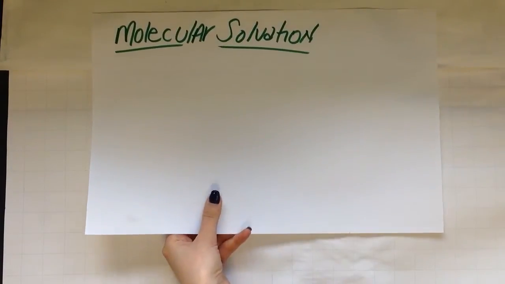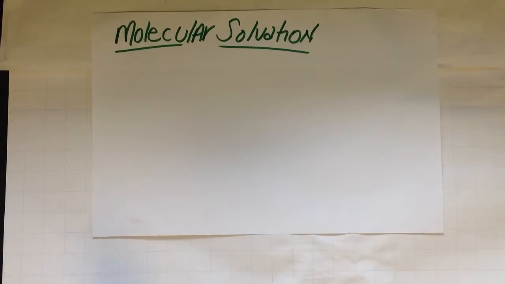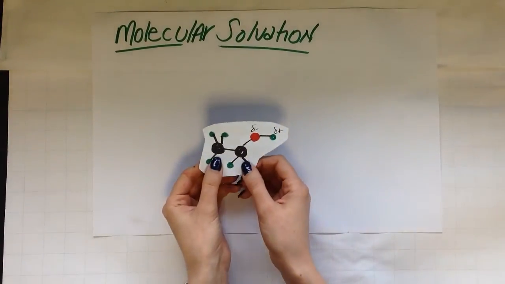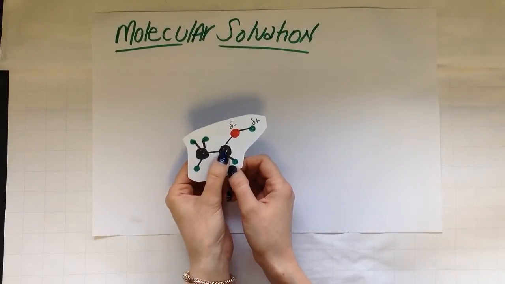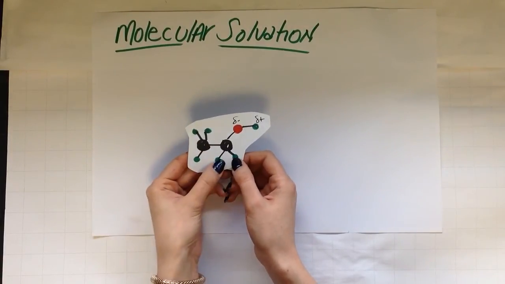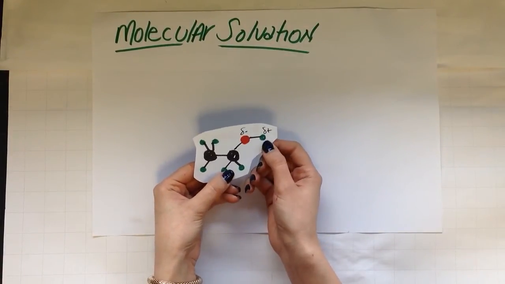Now, molecular compounds do not go through solvation in the same way. Let's take a look at molecular solvation. This is a molecular compound: carbon bonded to carbon, some green hydrogens, oxygen, and hydrogen.